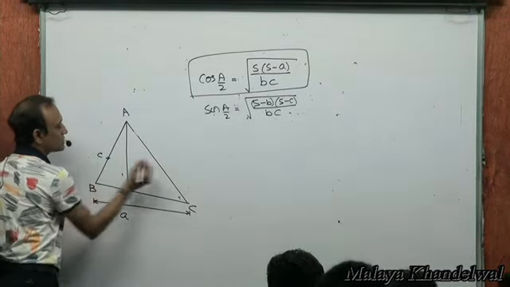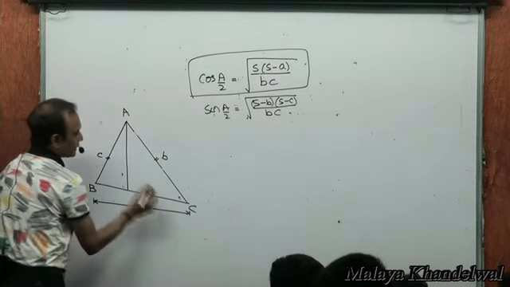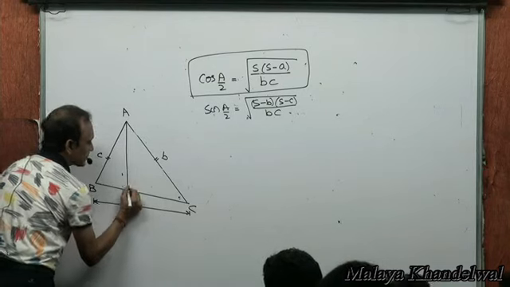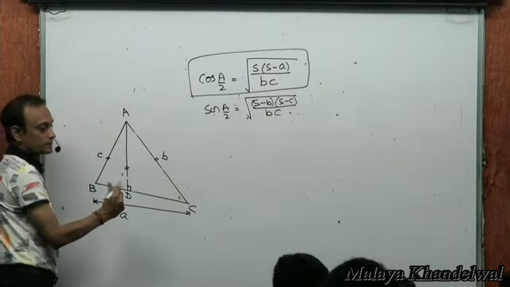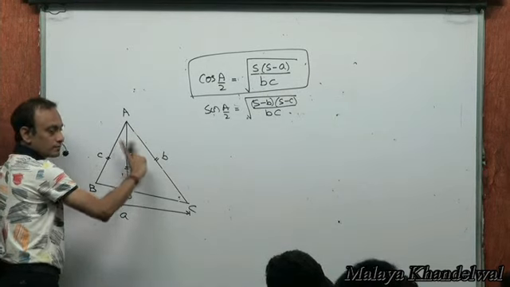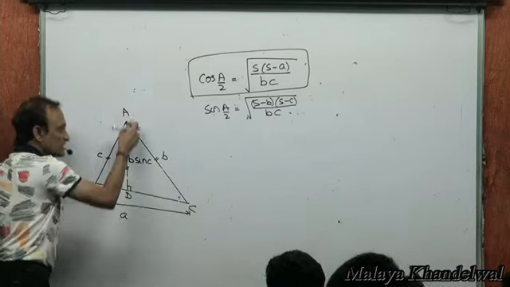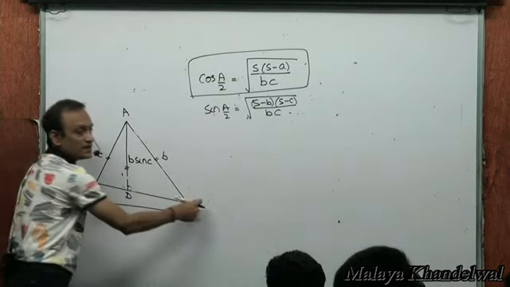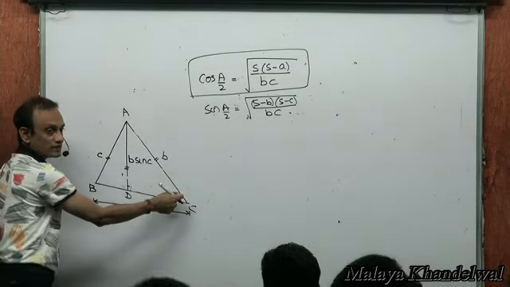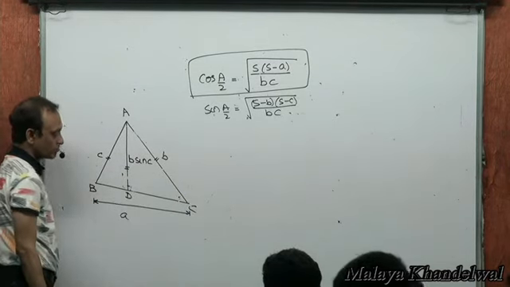This is small c, this is small b, right? Now, do you realize if this is a perpendicular, and this angle is C, this will be b sine C. Why? Because this divided by b is sine of this angle C, right? So this is b sine C.